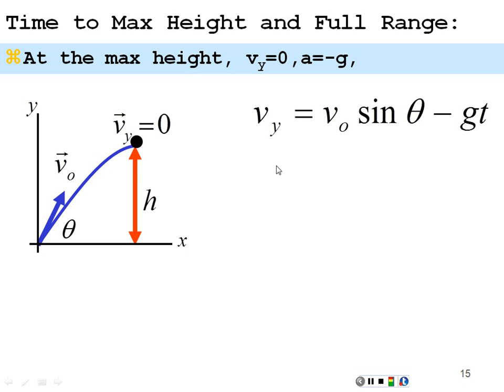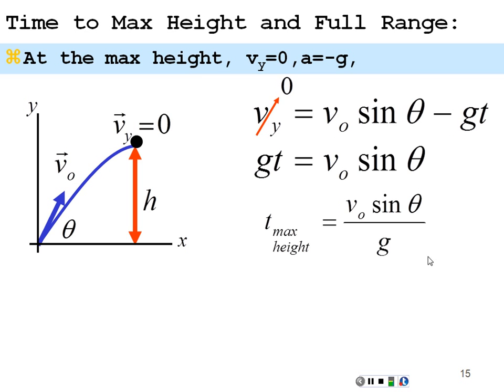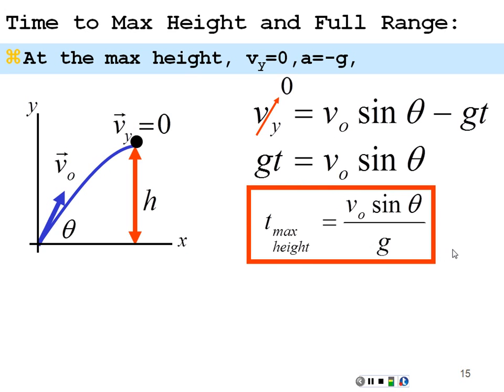We can write that as v final, vy, is equal to our initial velocity, v naught sine theta, plus a negative g times time. Our final velocity is 0. Solve this for time, and time will equal our initial velocity sine theta divided by g. That's the time it takes to get to maximum height.